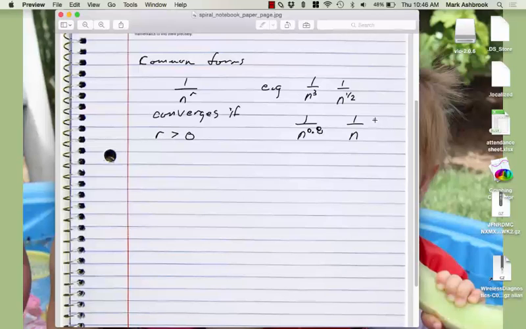What do we mean by convergence? Okay, a convergent sequence is when the limit exists. Oh, okay. That's what we just said before you came in. Sorry. So this will converge if r is greater than 0, and converges to 0. So the limit as n goes to infinity of 1 over n to the r equals 0 if r is greater than 0.